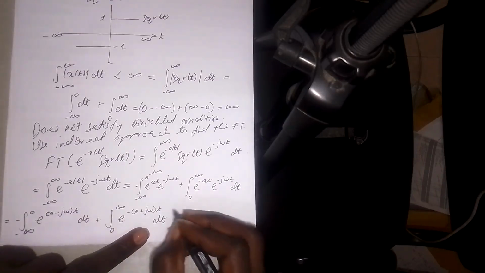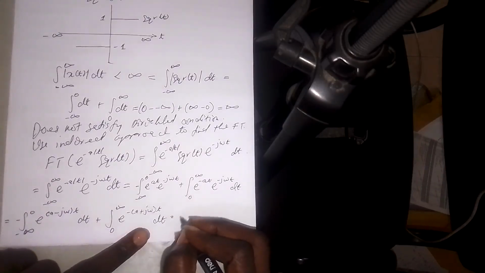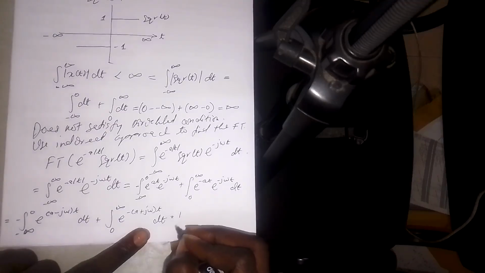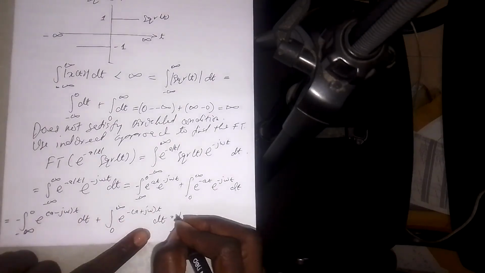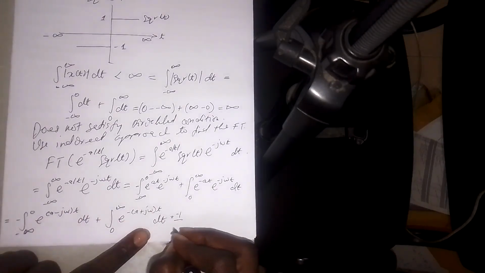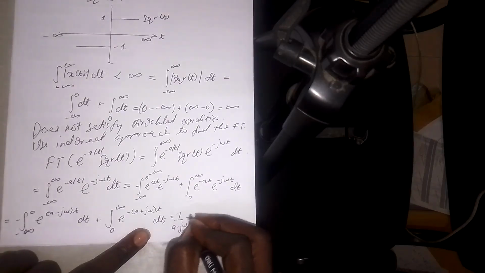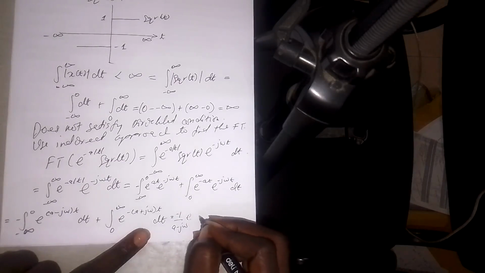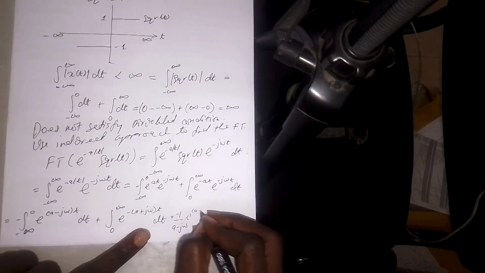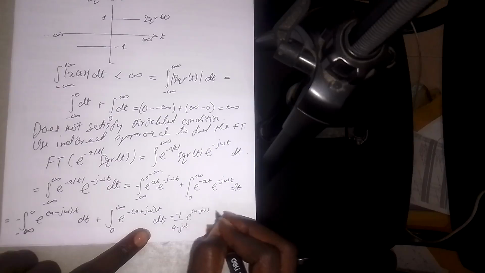If I'm going to integrate this function, then I'm going to have 1 over, but there is a minus here also, so it will be minus 1 over a minus j omega, into e exponent a minus j omega t.